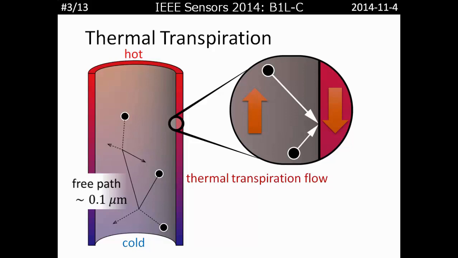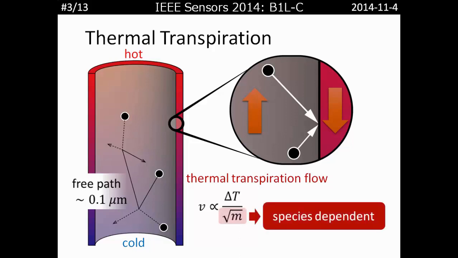As a result, the wall gets a downward force, and as its reaction, the gas gets an upward force. As the driving force of this flow is momentum transfer between the gas molecules and the wall, the flow speed depends on molecular mass. This species dependency enables us to use this flow to concentrate gases.